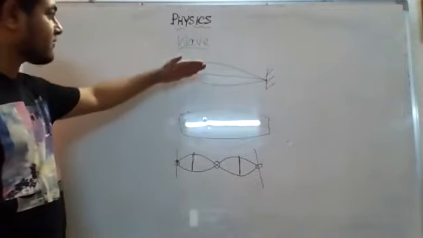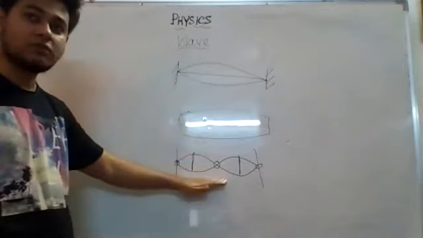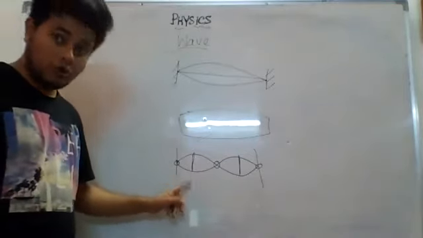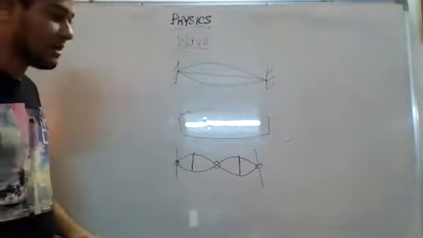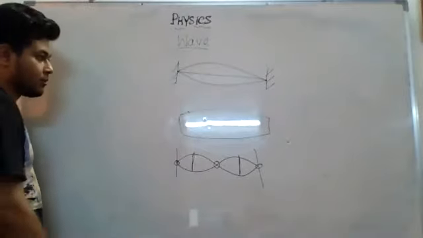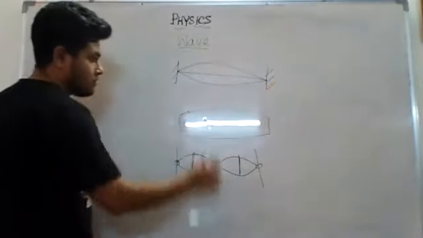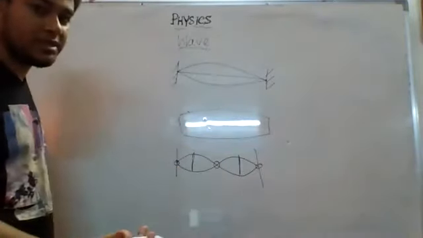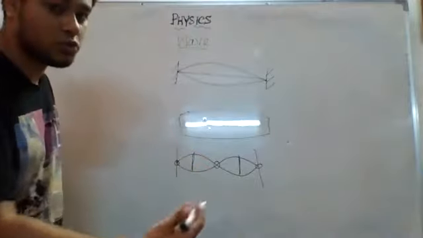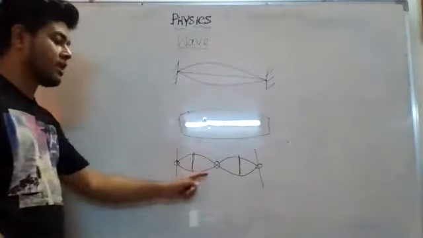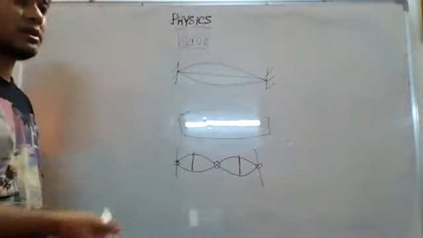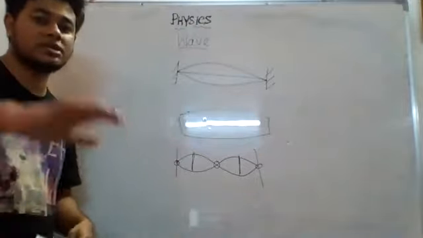Now if this is the fundamental one and the frequency of this one is doubled, then I can say this is the octave or second harmonic. Second harmonic is called octave. So this is the fundamental tone, the double of the fundamental tone will give us the octave, or we can say it is multiplied by 2, then it is the second harmonic. When we have three antinodes, then we say the frequency has been tripled, so this is the third harmonic. Likewise we can continue.